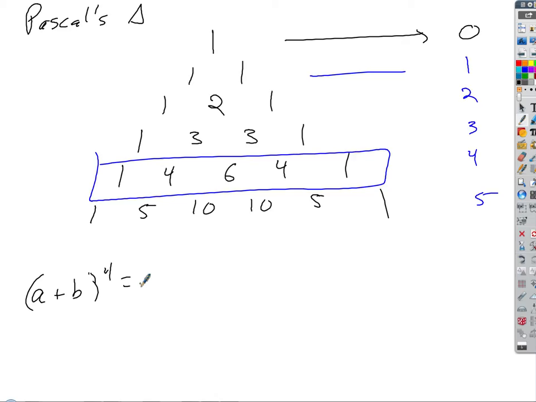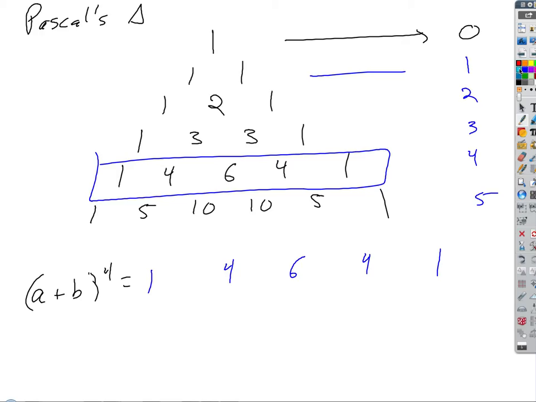It's really easy. So these coefficients pop down. So we get 1, 4, 6, 4, and 1. And what goes here? Well, the sum of the powers of a and b has to be what? 4. Has to be 4, right? When I expand this out.